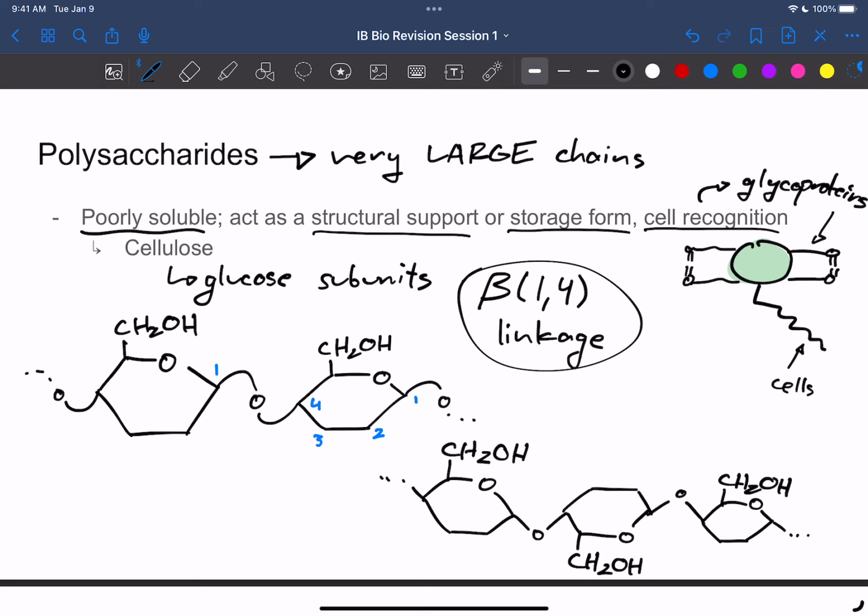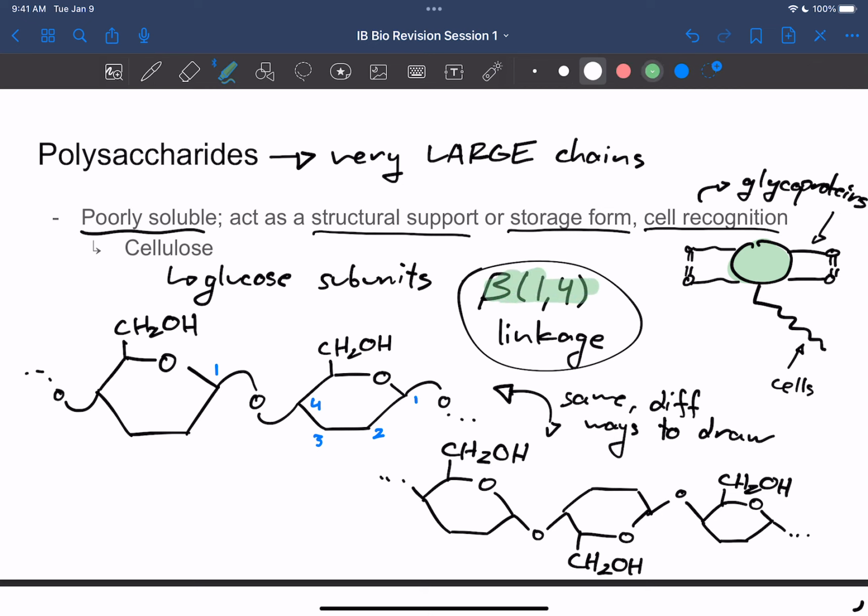One really easy way to recognize beta 1,4 linkages is that these alternate. When these alternate, that's when you have a beta. And these are the same. They're just different ways of writing it out. So this is a beta 1,4 linkage, and you should know this.